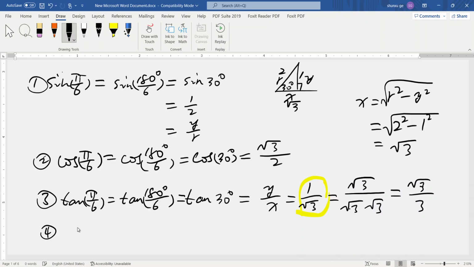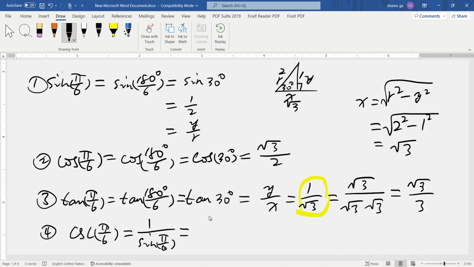Okay, for question 4, cosecant pi over 6. It's 1 over sine, the reciprocal. Sine of pi over 6, we get the solution 1 over 2.